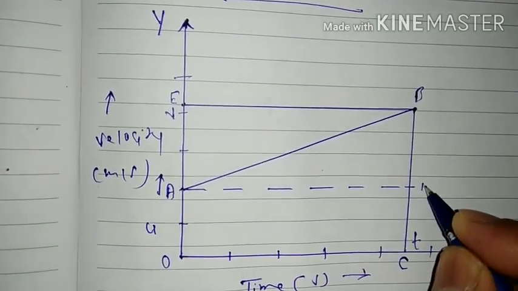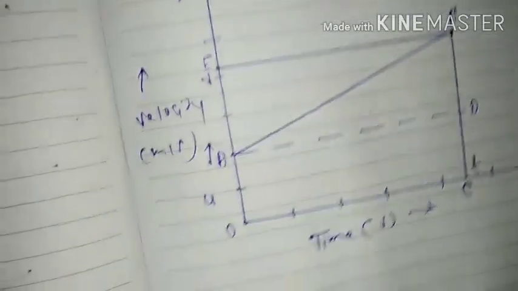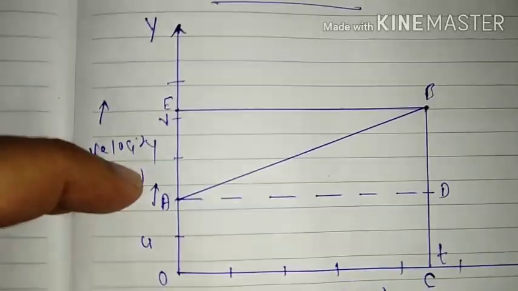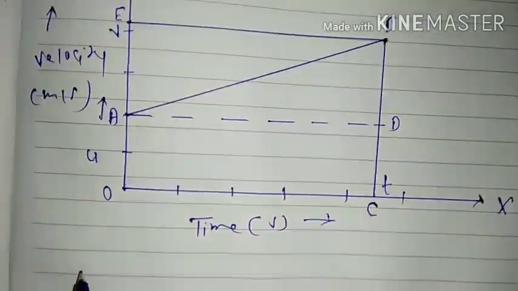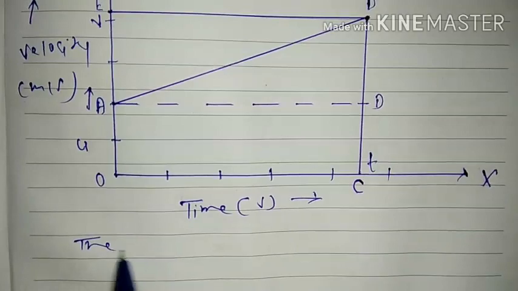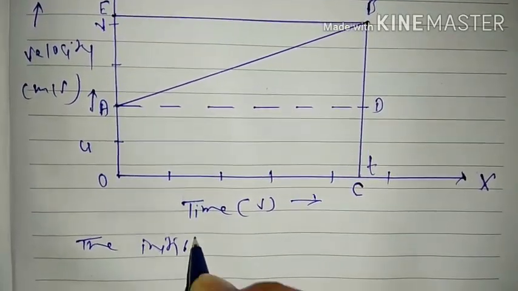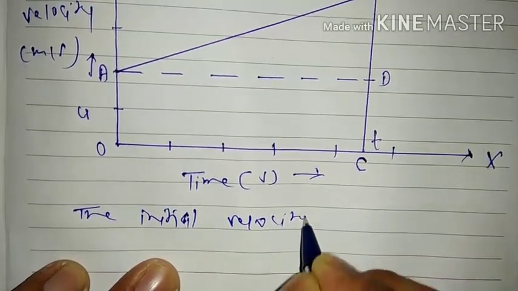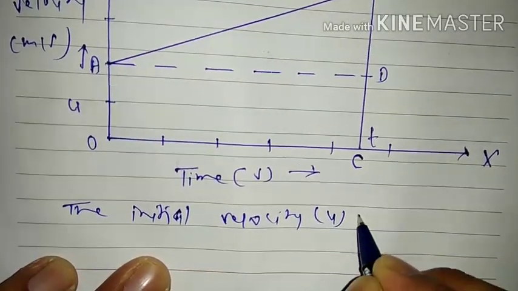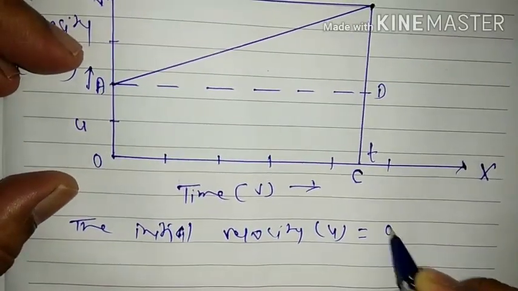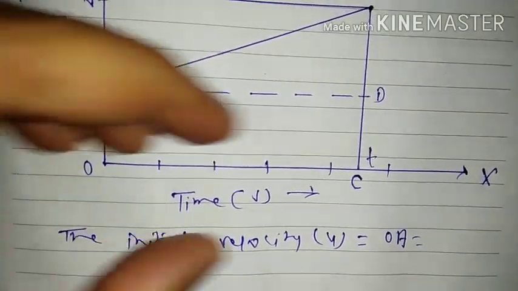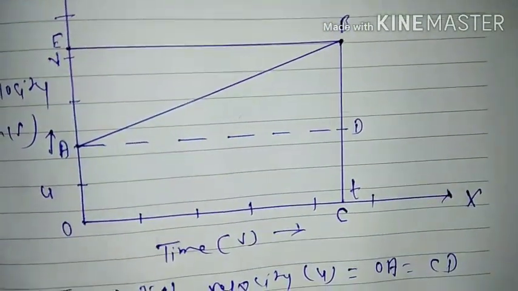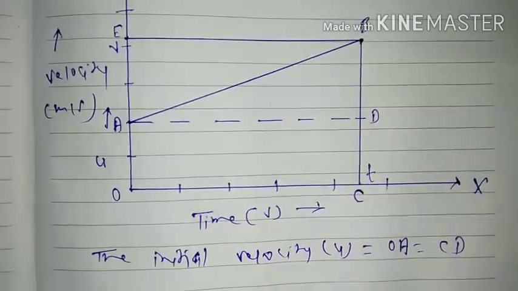Once again, for the simplicity of our solution, we draw a perpendicular from point A to BC, which meets at point D. Now, which portion of the graph represents our initial velocity? Here the initial velocity u is represented by OA, and this is equal to CD because OA and CD are opposite sides of rectangle OADC.